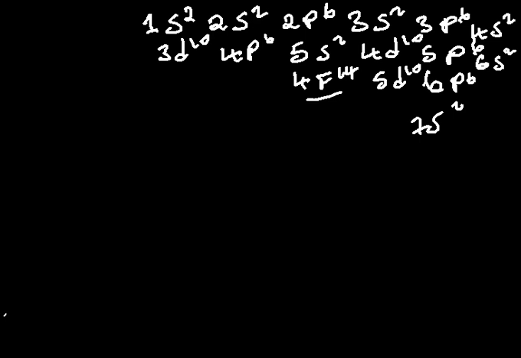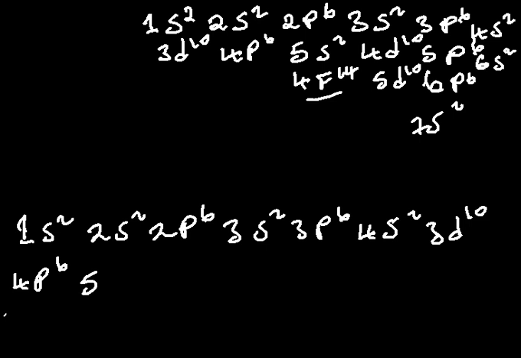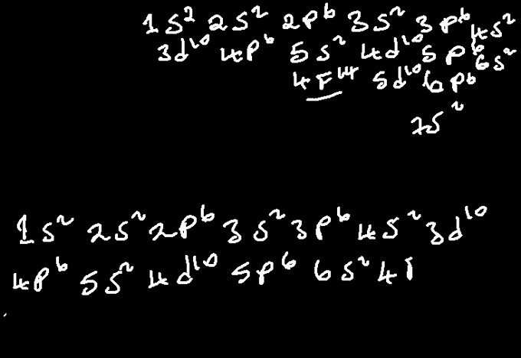And so we have the order given as 1s2, 2s2, 2p6, 3s2, 3p6, 4s2, 3d10, 4p6, 5s2, 4d10, 5p6, 6s2, 4f14, 5d10, 6p6, and 7s2.